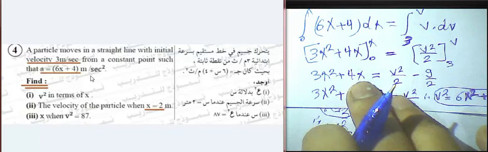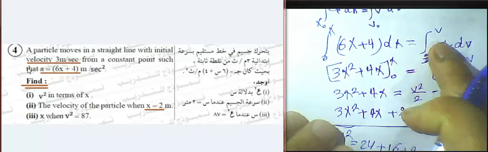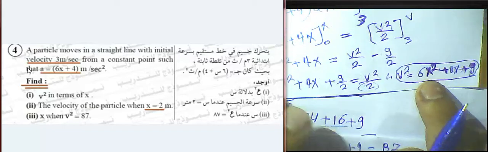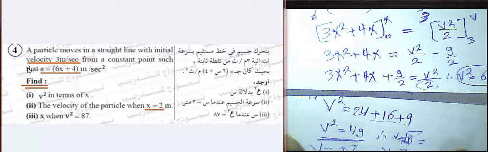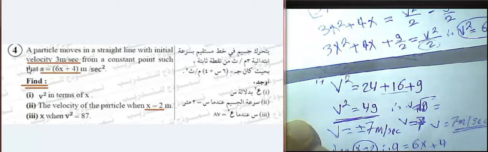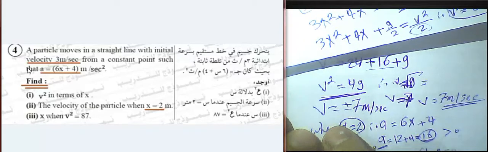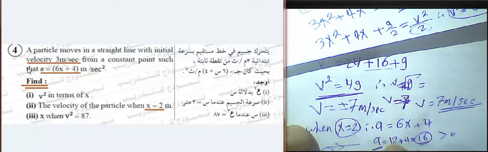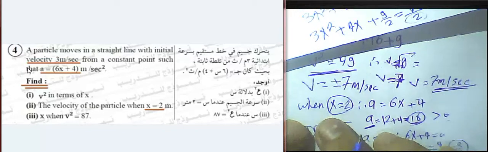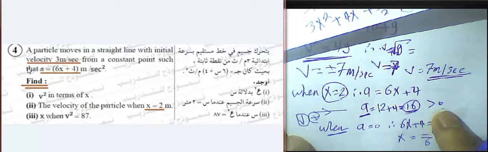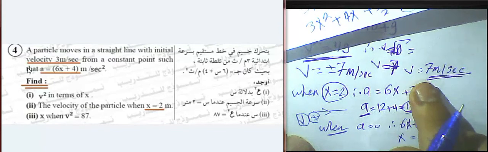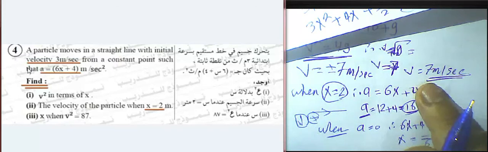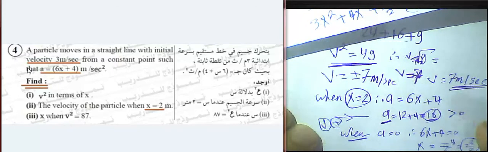A equals 6x plus 4, and they give us initial velocity was 3 meters per second, and we can write v square here, and then we can find v square, but v square equals 49, then v equals positive or negative square root of 49. So we must know the result will be positive or negative. When x equals 2, then acceleration will be more than 0, then we must write v equals 7 meters per second. Don't use negative, it will be refused.